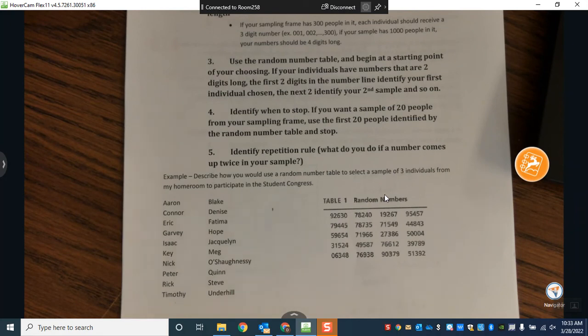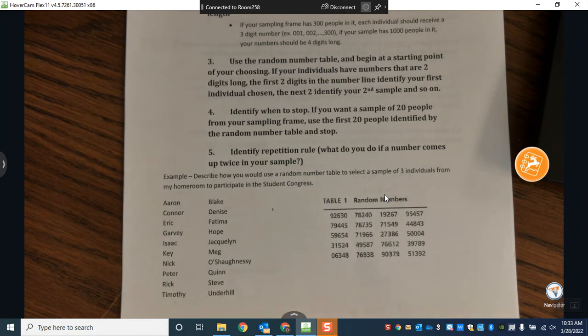One of the more common things that they'll ask about on a free response section is they'll say, hey, I've got a group of students here, and I want to randomly select 3 individuals to be in some group. Describe how you would conduct a simple random sample in this case.